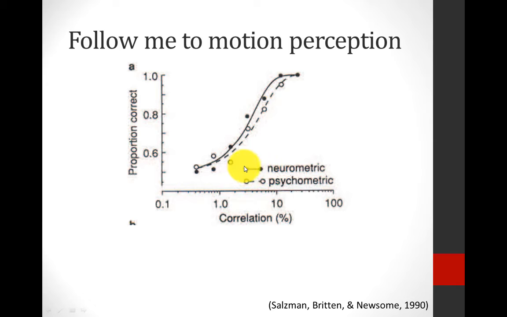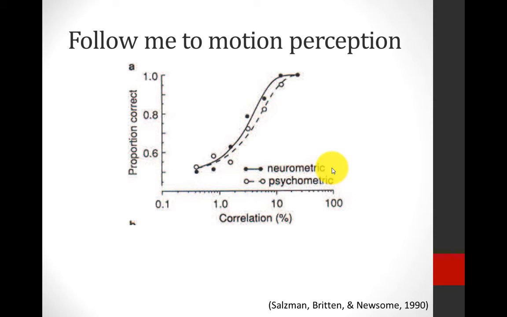The dark line is what's called the neurometric function, and essentially the neurometric function is the theoretical neuronal choice. It's a probability, an estimate relative to stimulus strength for a particular MT neuron.